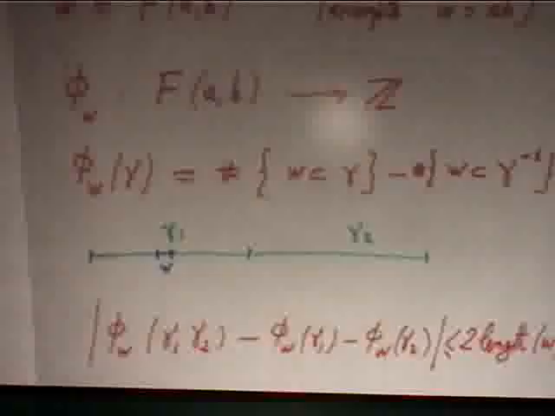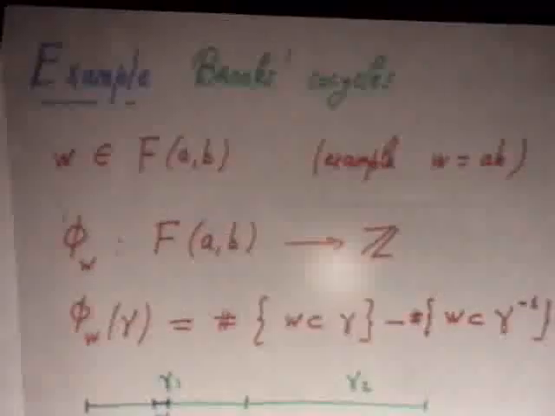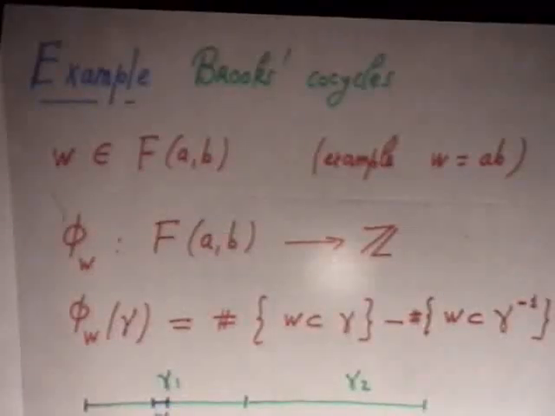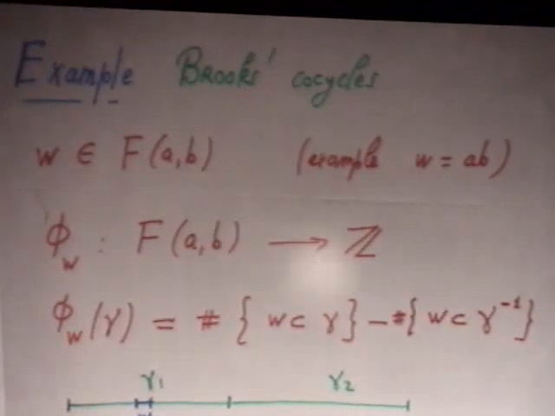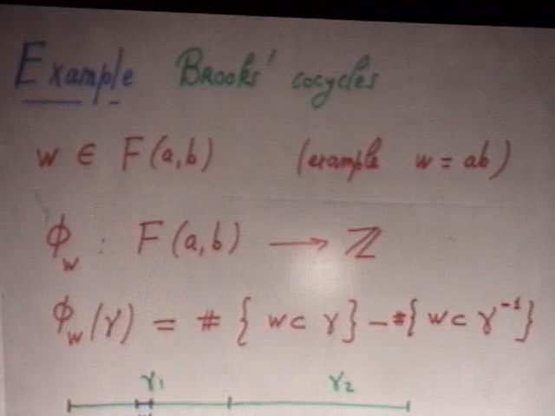There is a so-called Brooks quasi-homomorphism. Here's the thing. Consider the free group on two generators, F, and choose a word, W, in F. For example, you could think W is AB, just a single word. Now I'm going to define a map from the free group to Z, and the map is this.